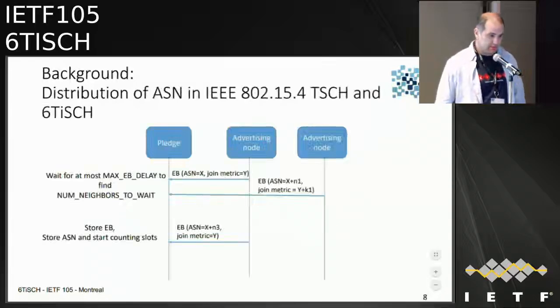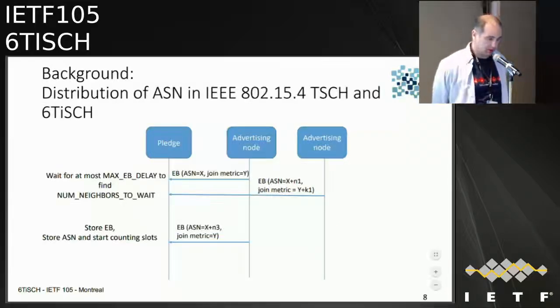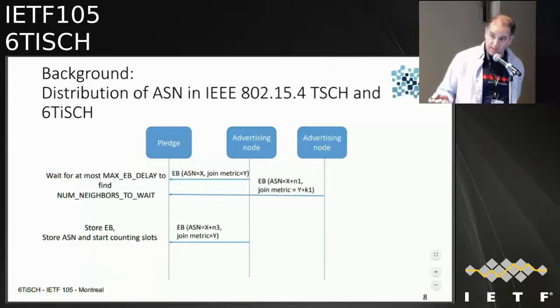To understand better how the ASN is distributed, I gave here this slide with essentially the pledge in scanning mode, listening for beacons from the network, and two advertising nodes that send beacons at different instances.